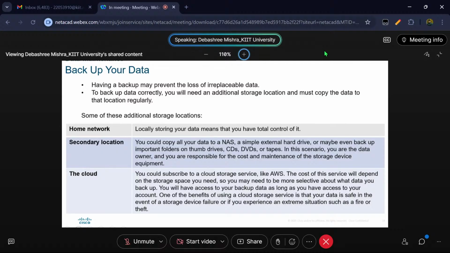But when you are talking about cloud technology or cloud storage, there comes the AWS platform, where we need to pay a certain amount of money to get additional services for this type of backup. This also provides your backup, and it also gives you access to your accounts.